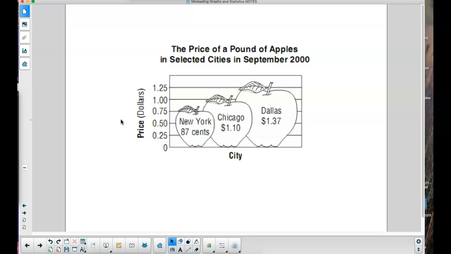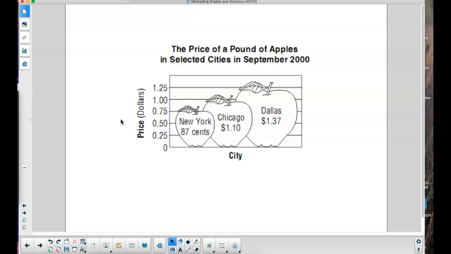Yeah, would you not look at this and say, oh, Dallas must have a way higher price per pound than New York? That apple is much bigger, but in reality, it's not really that big of a difference. Brinley: They also put a picture on a bar graph. Yeah, there should be no pictures on a bar graph.